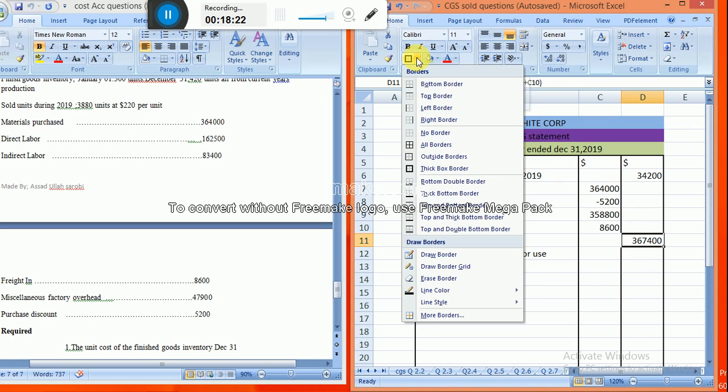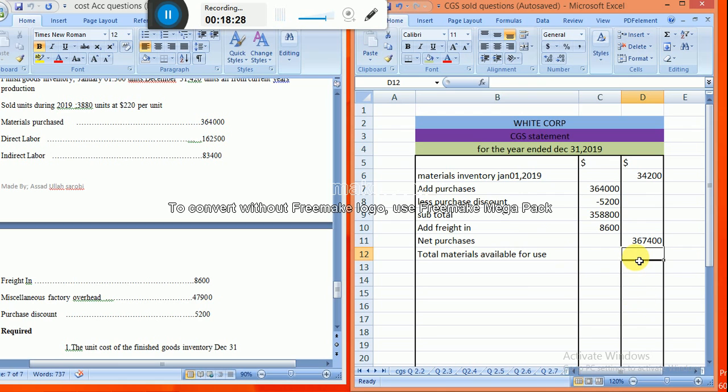What we will do now here, we will add the previous year material, that is 34,200, plus the current year net purchases, that is 3,67,400. So it means that in the year 2019 the $4,01,600 material is available for use.